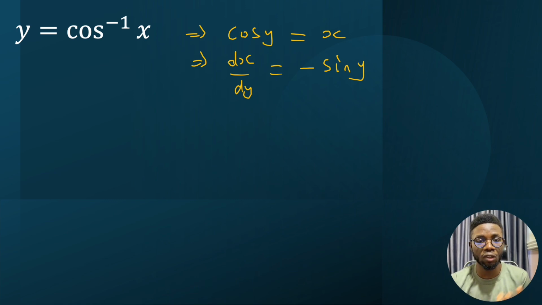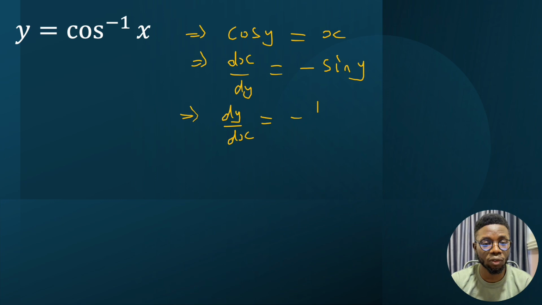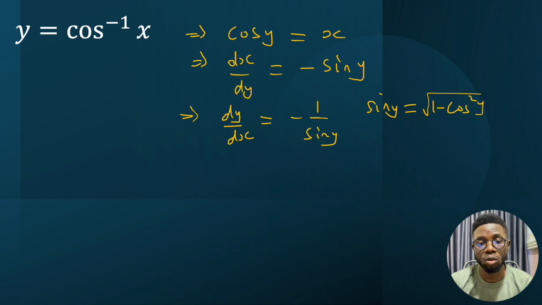I'm doing this a little bit faster because I've already explained what we are doing in this place. So just take the inverse of this, which implies that dy/dx equals -1 divided by sine y. You recall from the initial thing that we did that sine y will be the square root of 1 minus cos squared y.